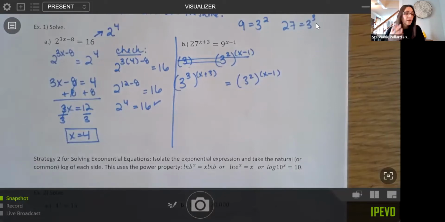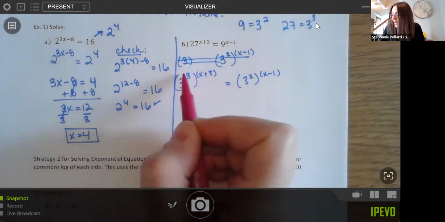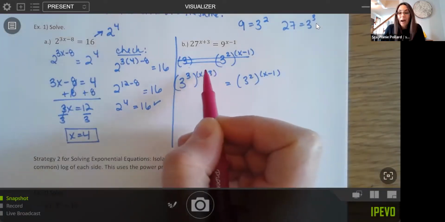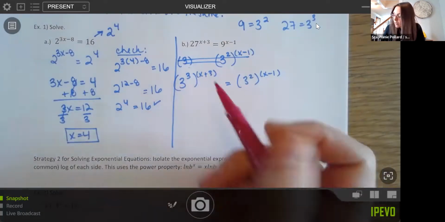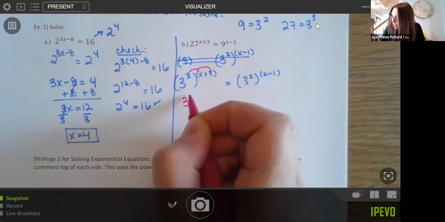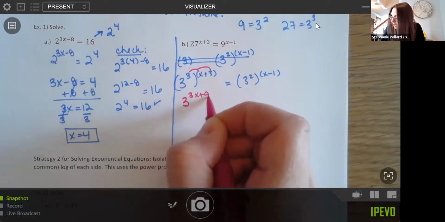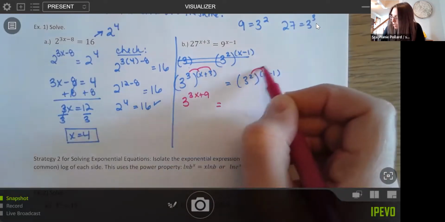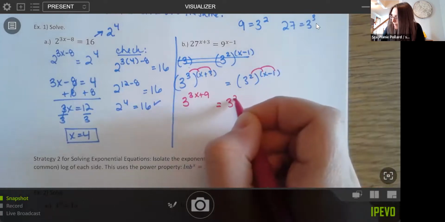That still looks pretty messy, so we're going to clean it up. We have an exponent rule that when you have a power to a power, you can multiply those exponents together. So I'm going to distribute here and write this as 3 to the 3x plus 9. Then over here, I distribute to get 3 to the 2x minus 2.